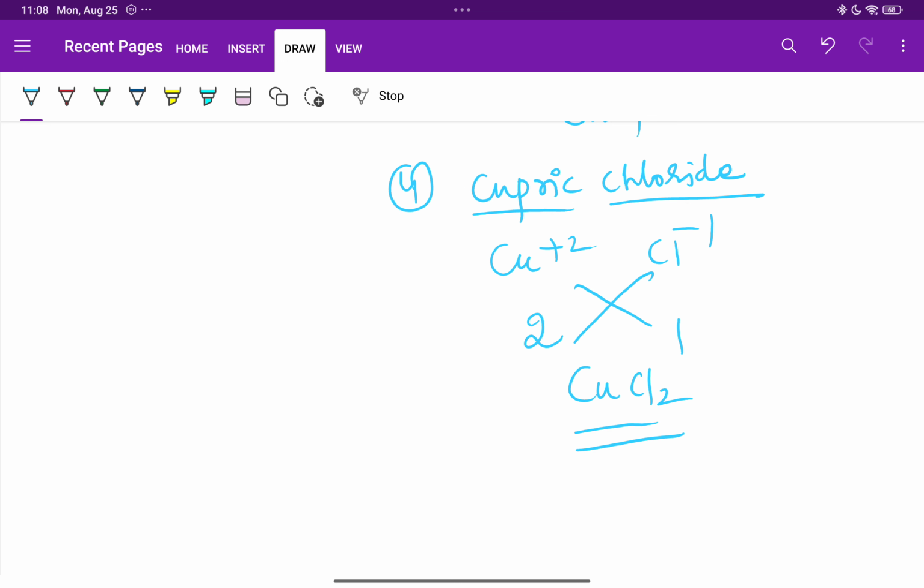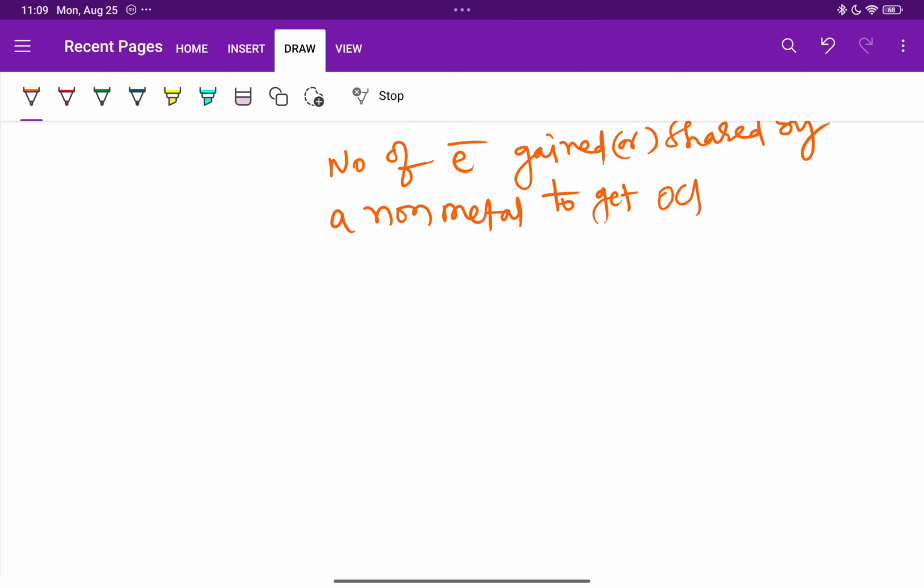Second one, the number of electrons lost by a metal, or the number of electrons gained or shared by a non-metal to get octet configuration, is called its valency.